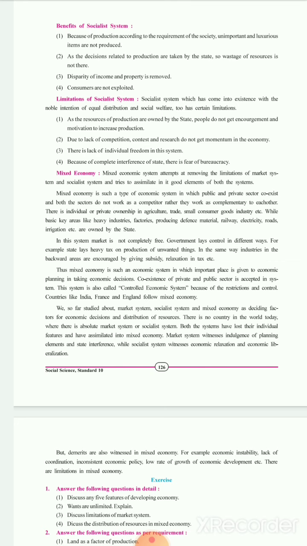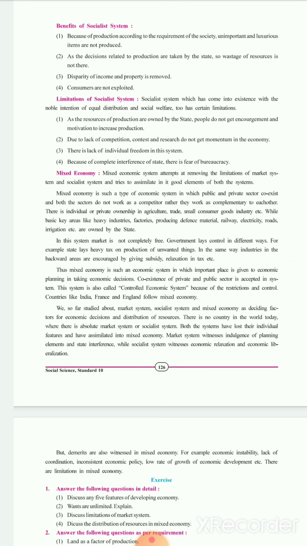Number one, because the resources of production are owned by the state, people do not get encouragement and motivation to increase production. The idea of doing more work, the idea of some innovation is limited in this system.